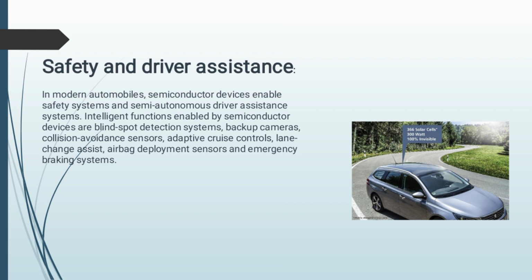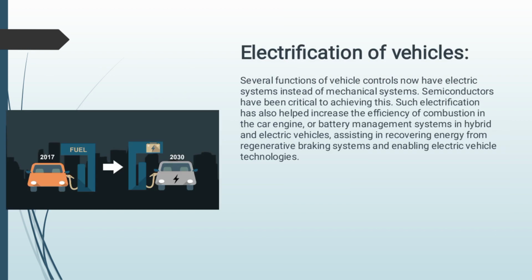Intelligent functions enabled by semiconductor devices are blind spot systems, backup cameras, collision avoidance sensors, adaptive cruise control, lane change assistance, airbag deployment sensors, and emergency braking systems. Electrification of vehicles. Several vehicle control functions now use an electric system instead of a mechanical system.